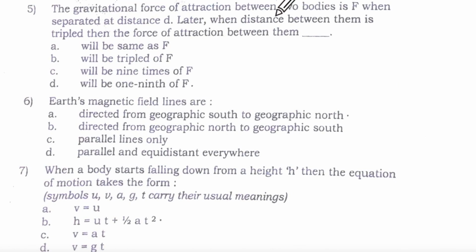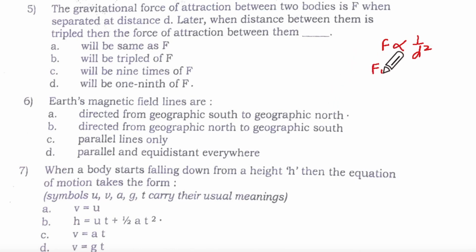The gravitational force of attraction between two bodies is F when they are separated by a distance d. Later, when the distance between them is tripled, what is the force of attraction between them? Now, gravitational force is a force at a distance. It is inversely proportional to the square of the distance of separation.